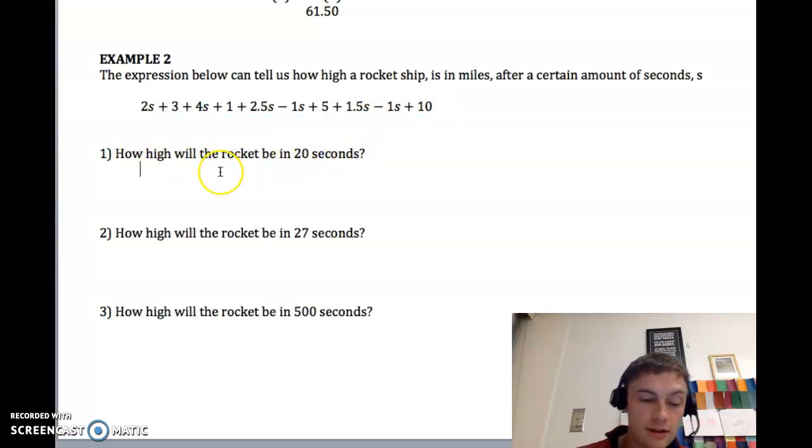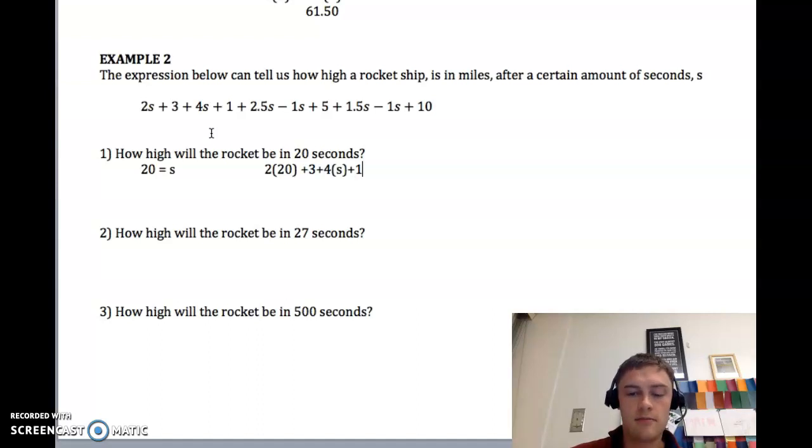So if it's 20 seconds, S equals 20, and we're going to plug in 20 everywhere we see an S. As you can see, this might take a little bit. This is complicated stuff. It's literally rocket science. So you are going to plug in 20 everywhere you see an S, and you're going to see how high the rocket is after that amount of time in miles.